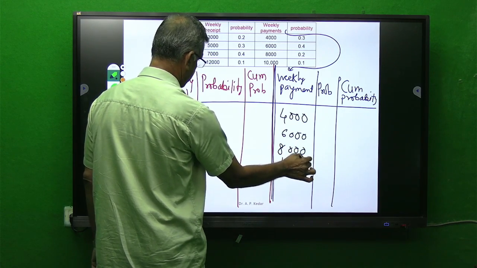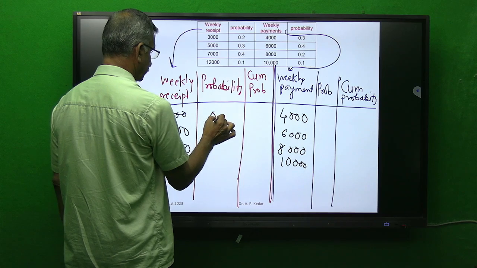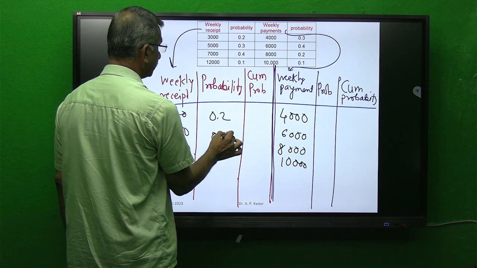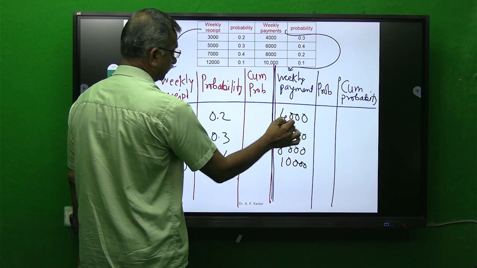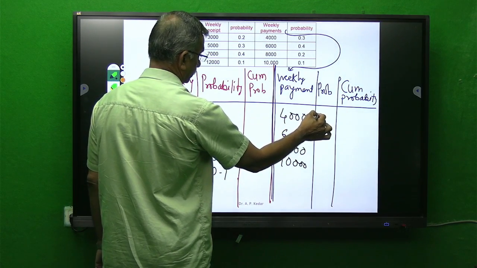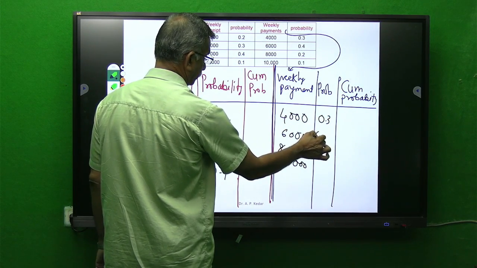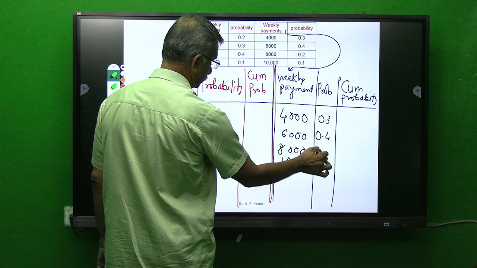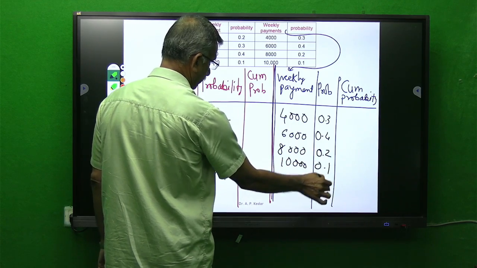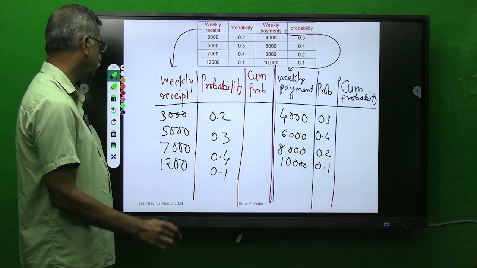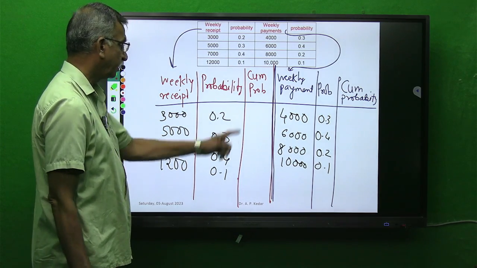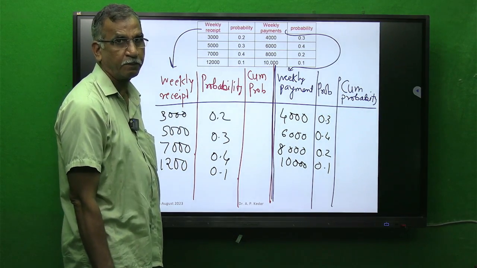These are the values given with probability 0.2, 0.3, 0.4, 0.1. Here it is given as 0.3, 0.4, 0.2 and 0.1. Clear? Now you know the task to be performed. Cumulative probability.